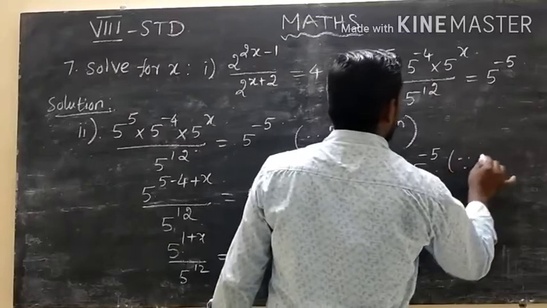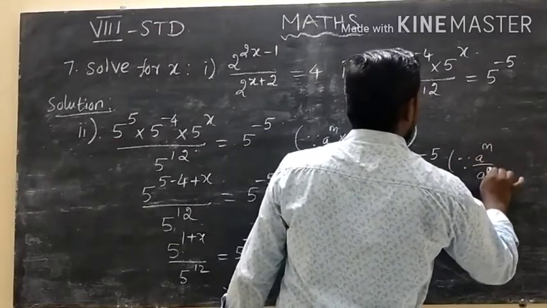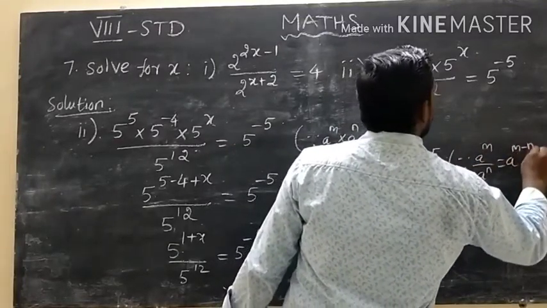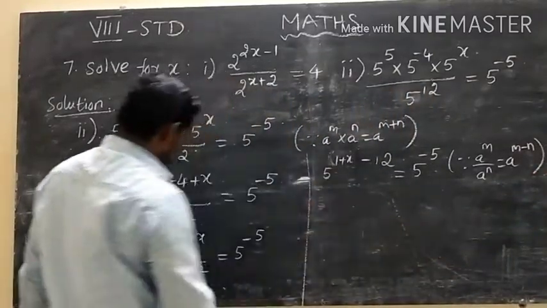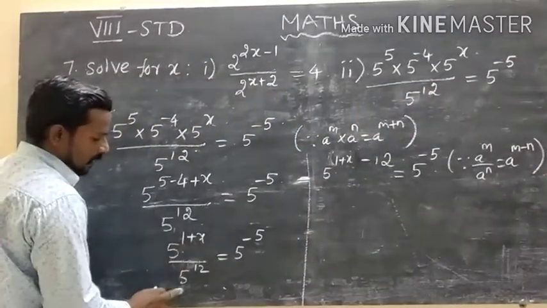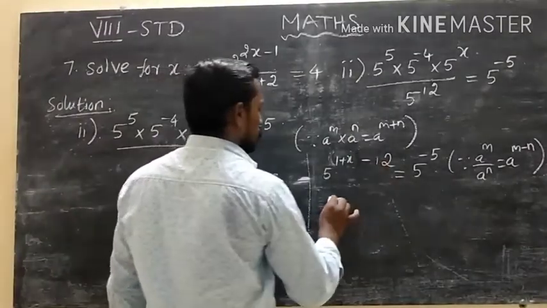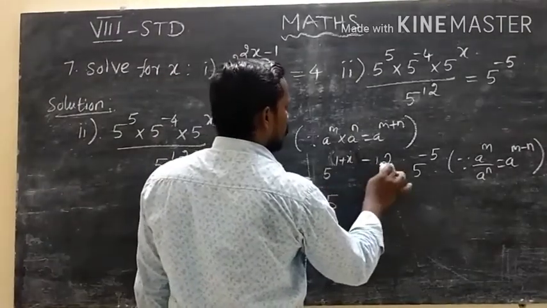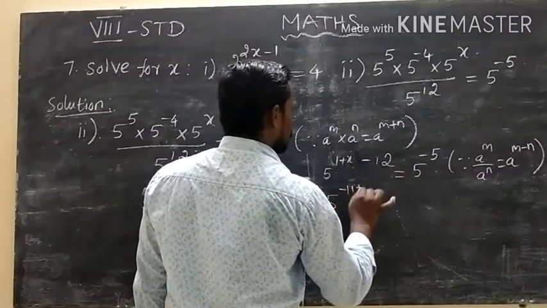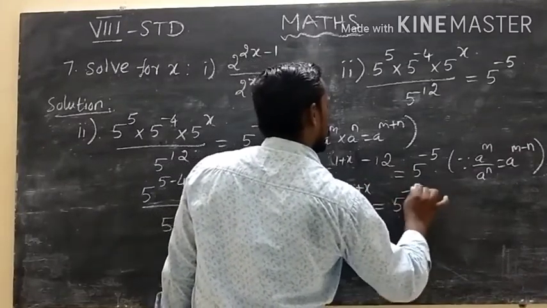Here, using the rule a power m divided by a power n is equal to a power m minus n, this is the rule. So 5 power 1 minus 12, that is minus 11, plus x, equal to 5 power minus 5.